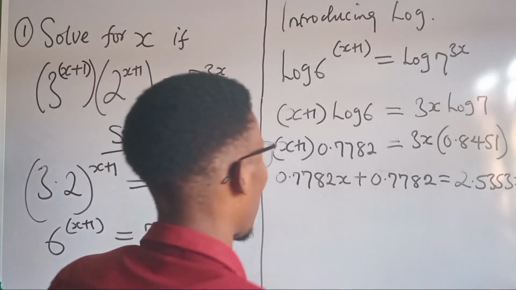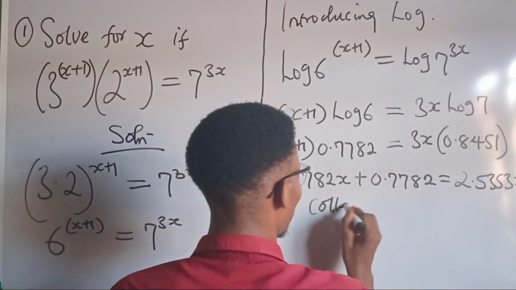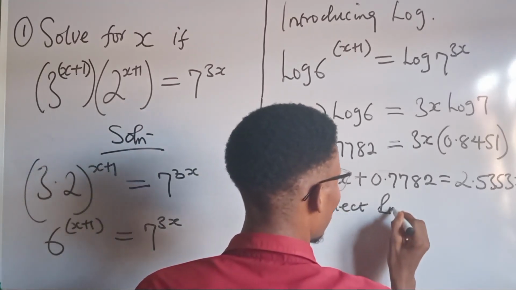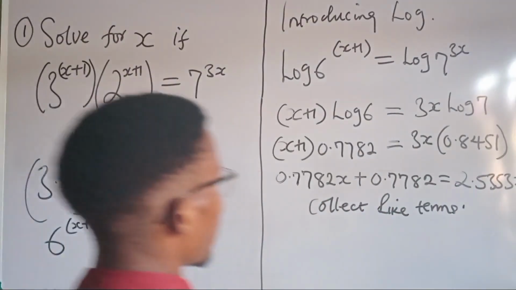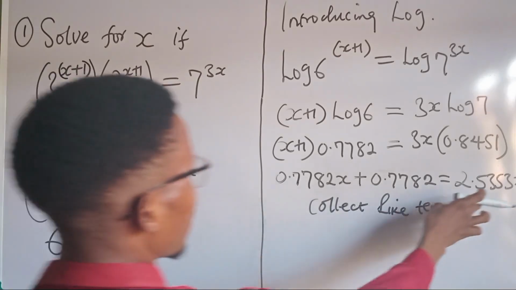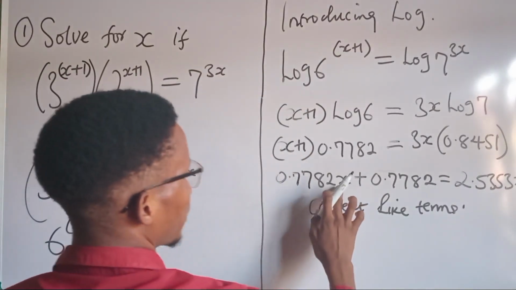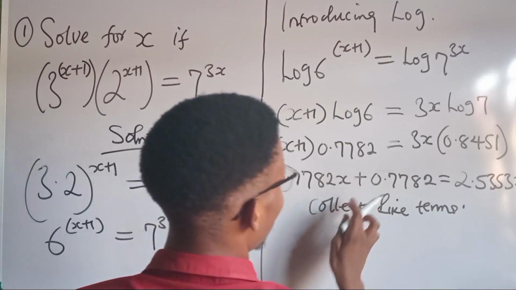So now I can collect like terms. If you collect like terms now, this and this are the same. So I can take this to this side, then this remains this side.